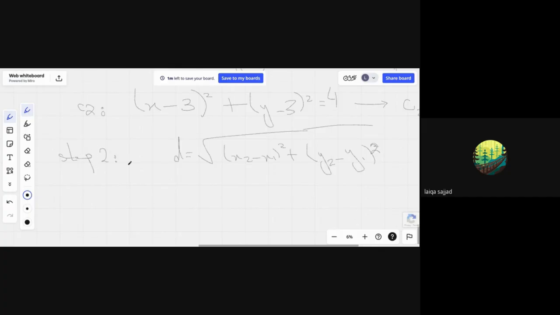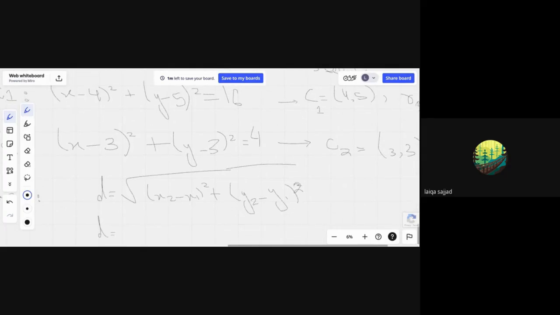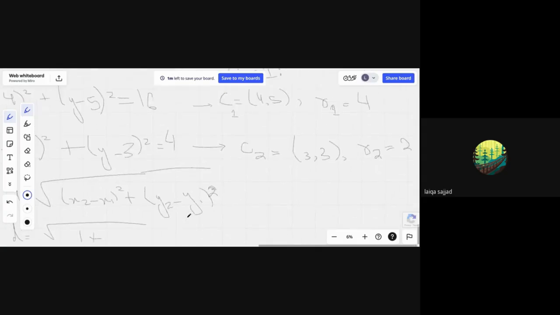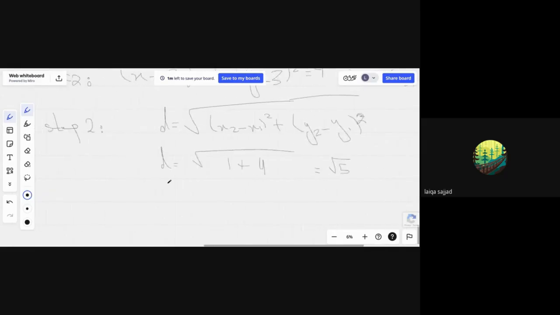So if we substitute the values, it would give you 3 minus 4 or 4 minus 3, 1 square will be 1, plus 2 square would be 4. So it would be square root 5. Okay, this is step 2.